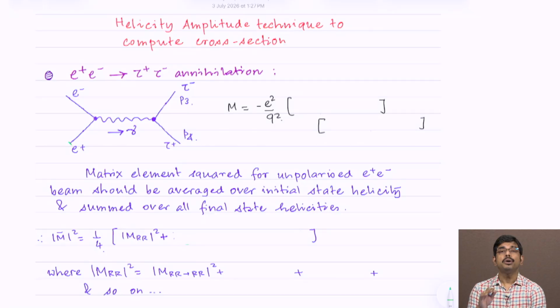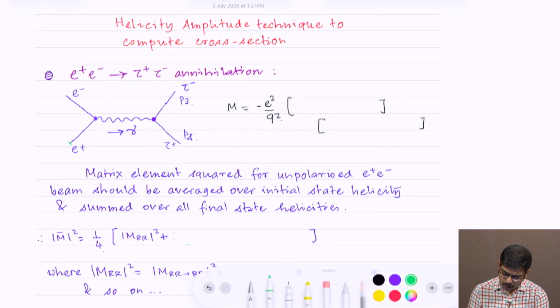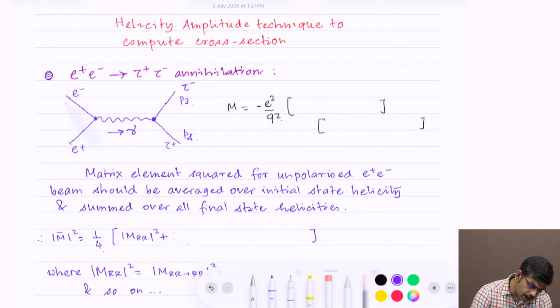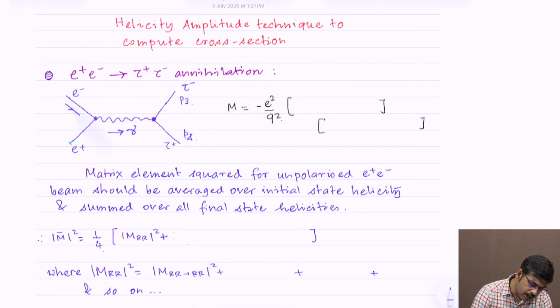Before getting into the mathematical details, first let's see what exactly the Feynman graph is. Let's draw it once more. We have an initial state electron and positron. The momentum for both the electron and the positron is flowing towards this vertex where the interaction takes place with the photon.